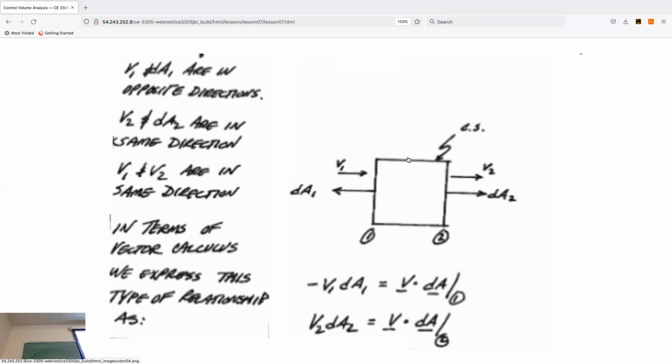They have opposite signs or the symbols. At section 2, V dot A would equal V2 times A2, a positive value. That's because the velocity vector and the area vector are pointing in the same direction.